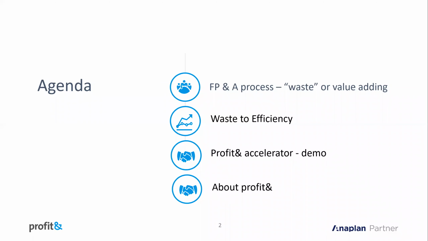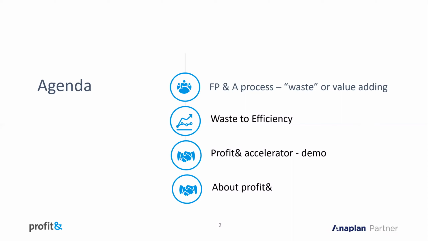What we're going to cover today is, let's look at the FP&A processes and examine whether they're wasting value or whether they're value adding or whether there's something in between.